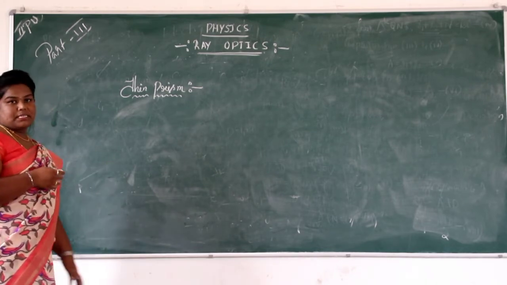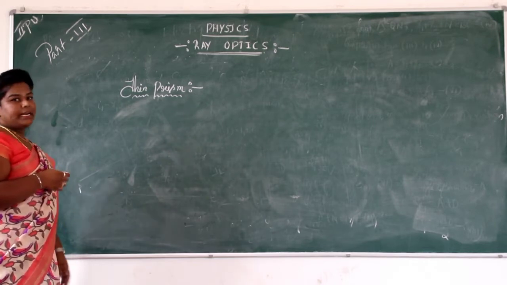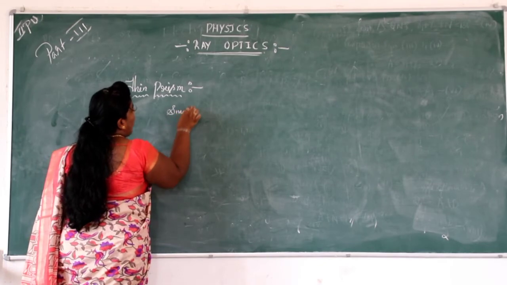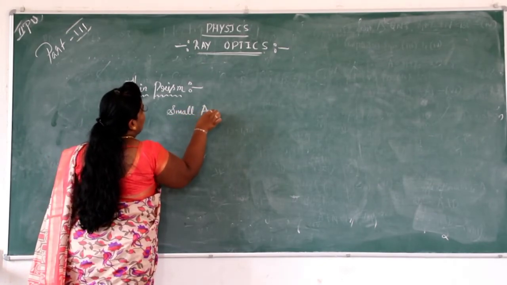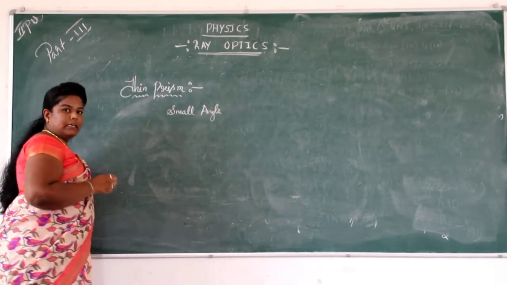What is this thin prism? It is simply a prism, an optical medium, which has a very small angle of the prism. The prism with a small angle is said to be the thin prism.